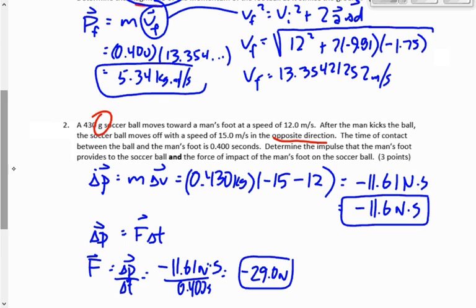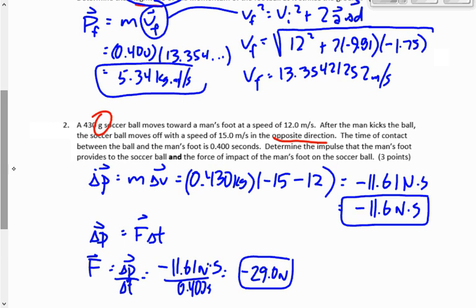Tomorrow, I told you this before, I'll tell you again. Tomorrow I'm going to try to trick you into thinking the impulse isn't always equal and opposite. At some point on that test, you're going to be like, oh, I think it's this one. It's not. The impulse is equal and opposite. It doesn't look like this, okay? But just remember what I just said. The impulse is always equal and opposite.